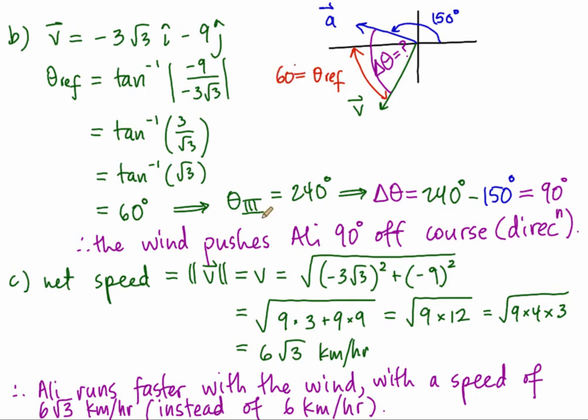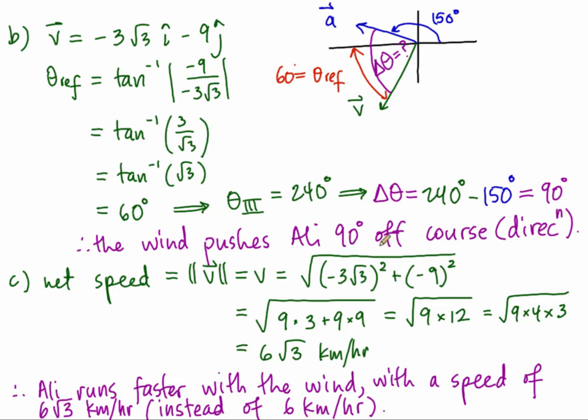That means that the actual green vector has an angle of 180 plus 60 degrees, which is 240 degrees. And therefore, the change in the angle from Ali's intended course and his actual course with the wind is a delta theta, which is 240 minus 150, which is 90 degrees. So the wind in this example is pushing Ali 90 degrees off the course or the direction that he intended to travel, to run.